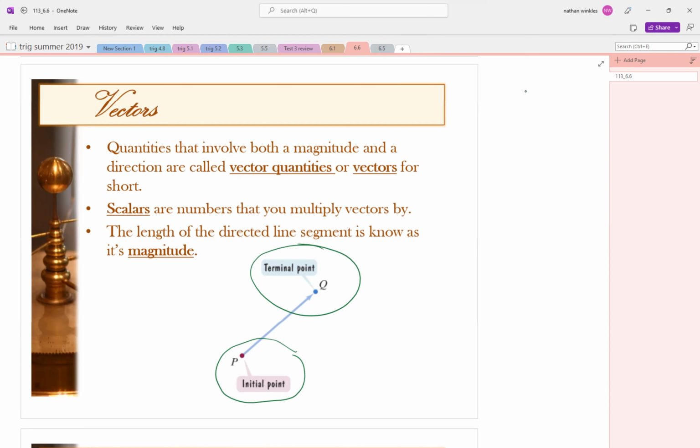It's always going to say from point P to Q, or it may be listed like this, which identifies it as the vector PQ: we start at P, we end at Q.